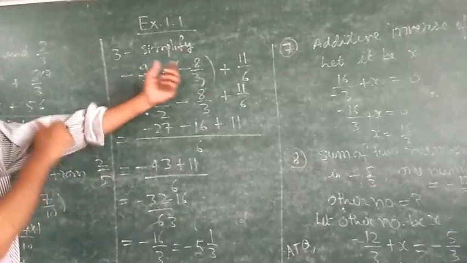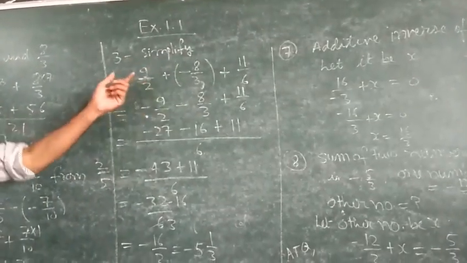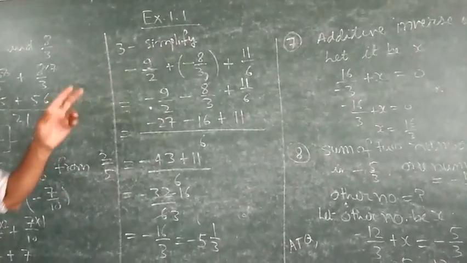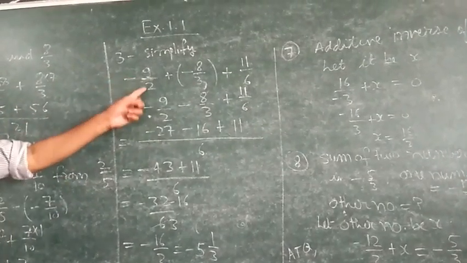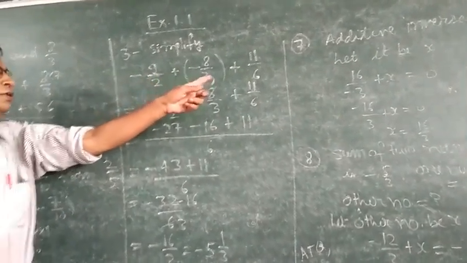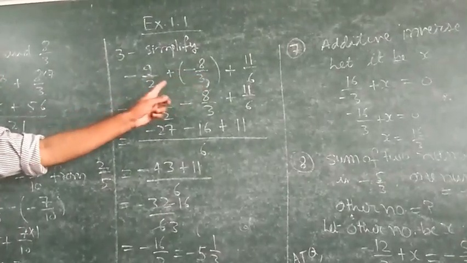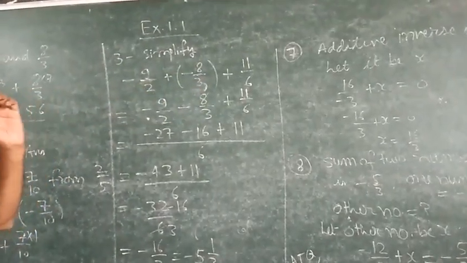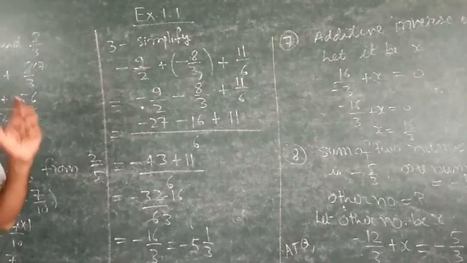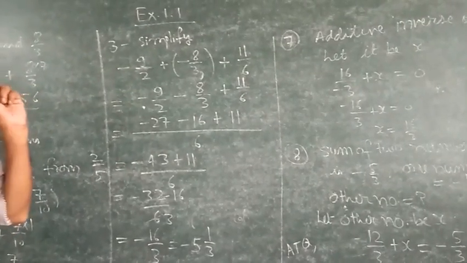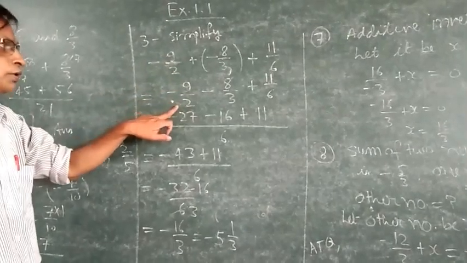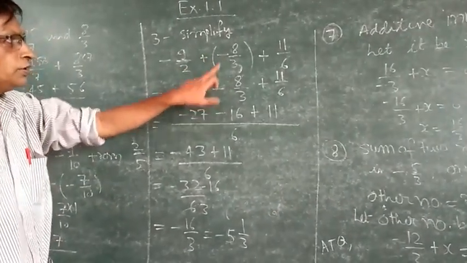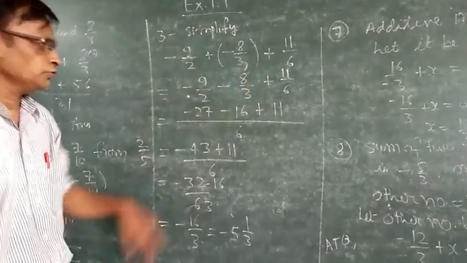Question number 3, simplify. This is a simplification in which we have positive and negative rational numbers: minus 9 by 2 plus minus 8 upon 3 plus 11 upon 6. First we will remove the brackets and consider the signs. The first term is minus 9 by 2, then plus minus 8 upon 3, plus 11 upon 6.